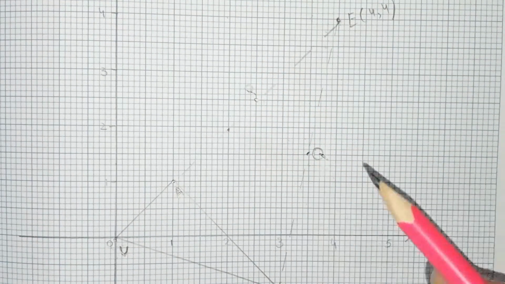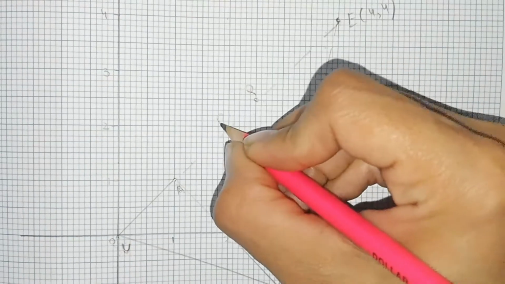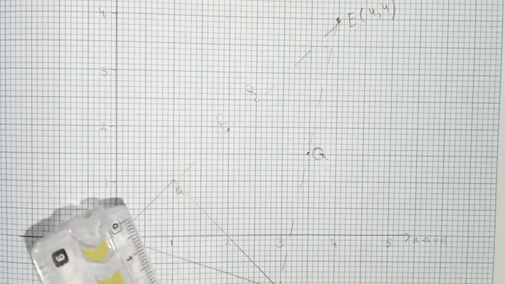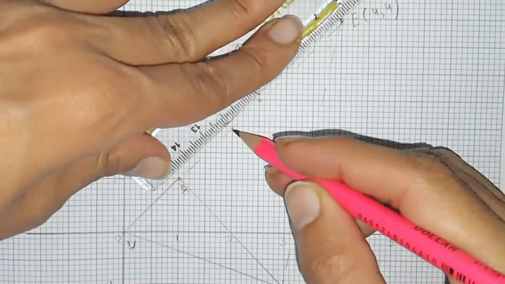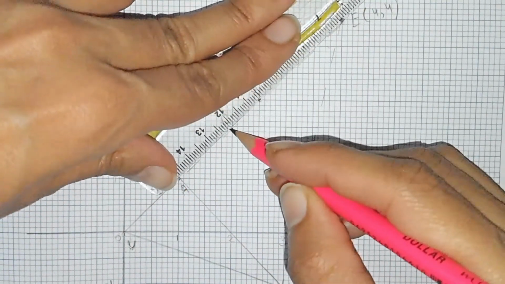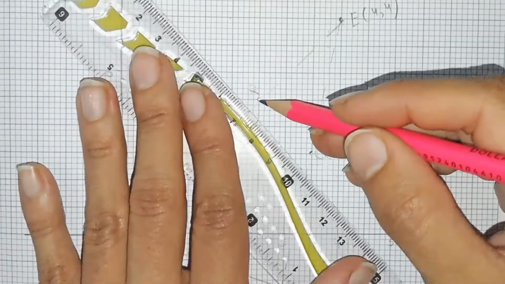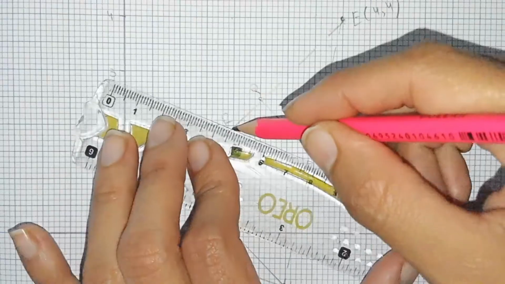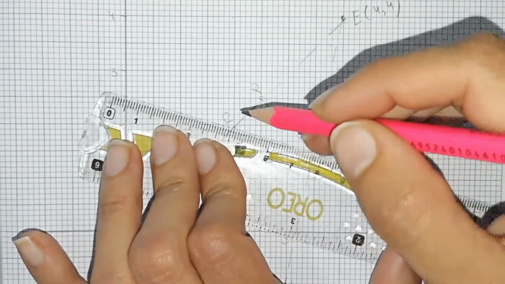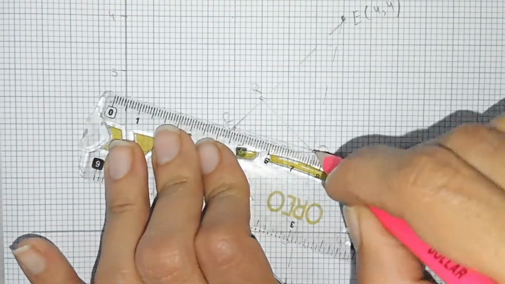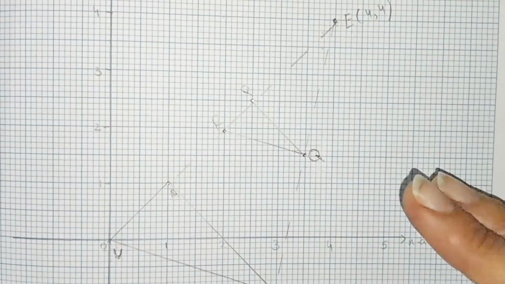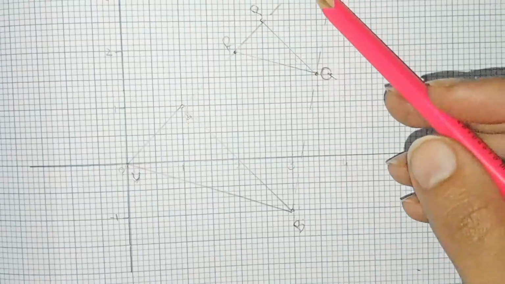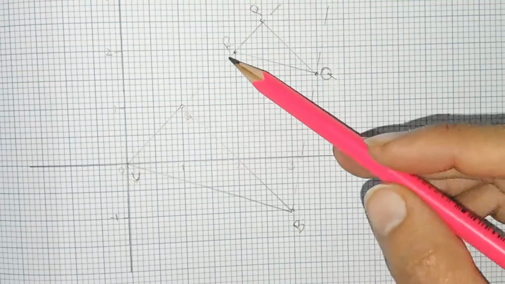This is the point R, and this is the enlargement of point C. Now students, we can observe that the triangle comes in this area, and these points coincide with each other.